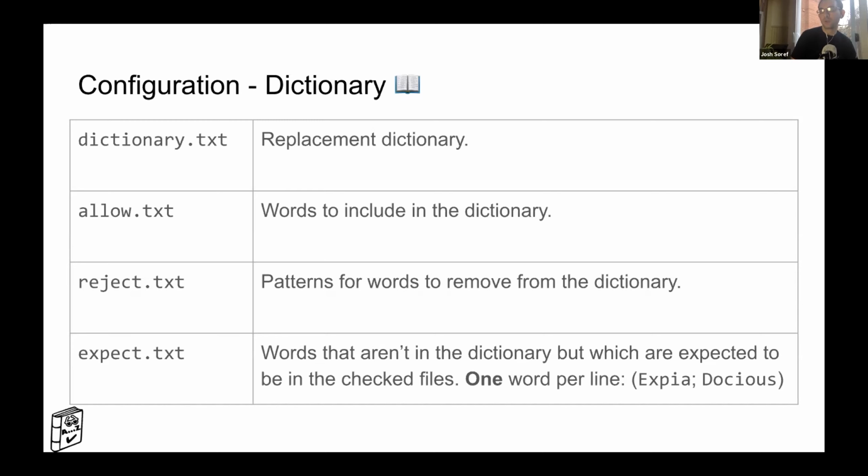So if you would want to remove SPAE from the dictionary, you can just add it to reject. And then as far as the bot's concerned, it will be as if it wasn't in the dictionary at all. So if somebody types SPAE instead of SPACE, it'll complain about it. And then expect is, again, where it's looking for things that are not in the dictionary, but which it found. In our case, the example, XPO or docious.